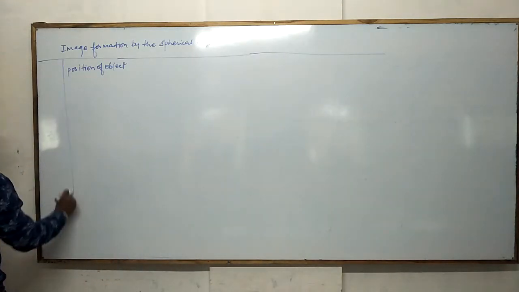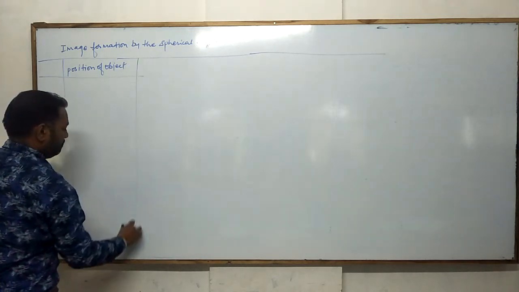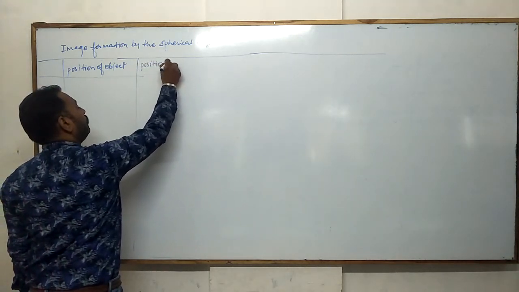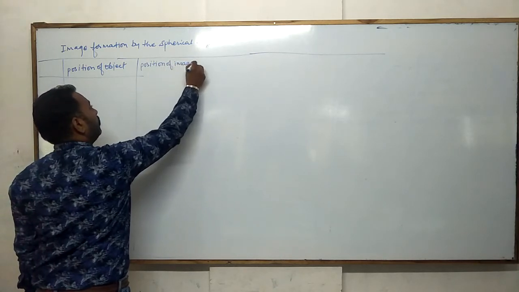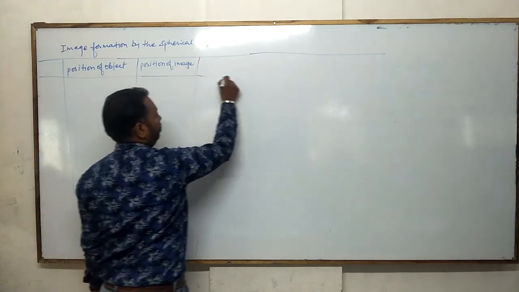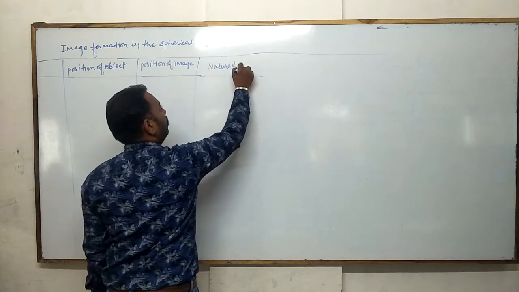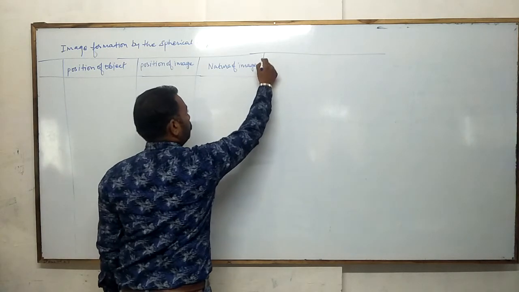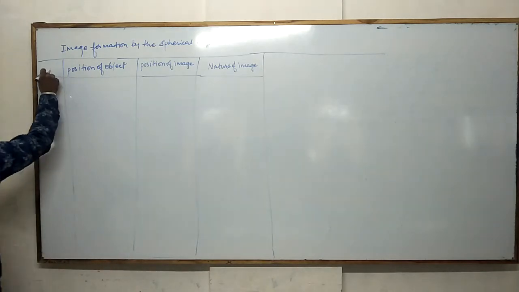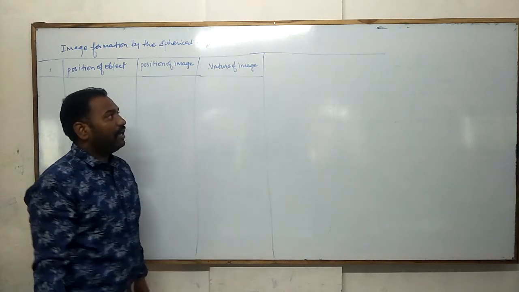Position of object, then position of image, nature of image. On the basis of the ray diagram we will understand these things.